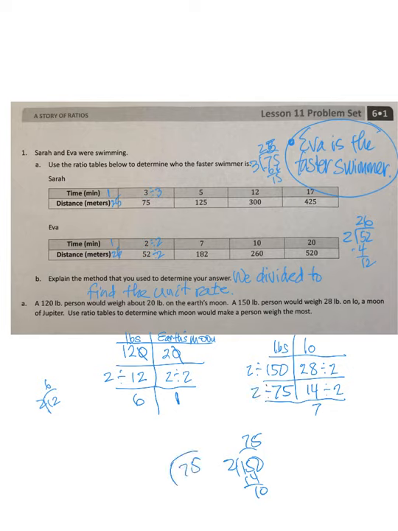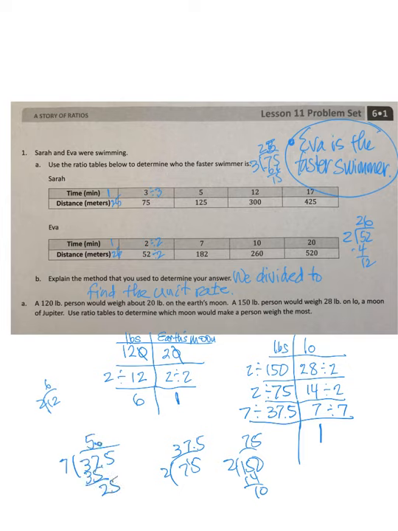So 75 divided by 2 is 37.5. Okay, so now I'm going to divide by 7 to get my unit rate, just to see what I get. So there's 1. And then what is 37 and a half divided by 7? So 7 times 5 I know is 35, and then put my decimal, 7, 21, 4, 0, 6, 5. Okay, so someplace close to this.